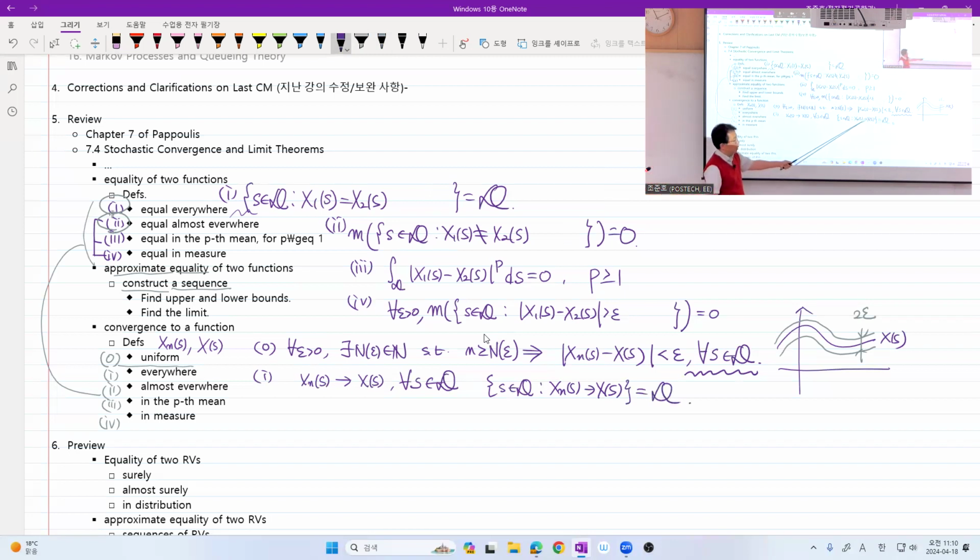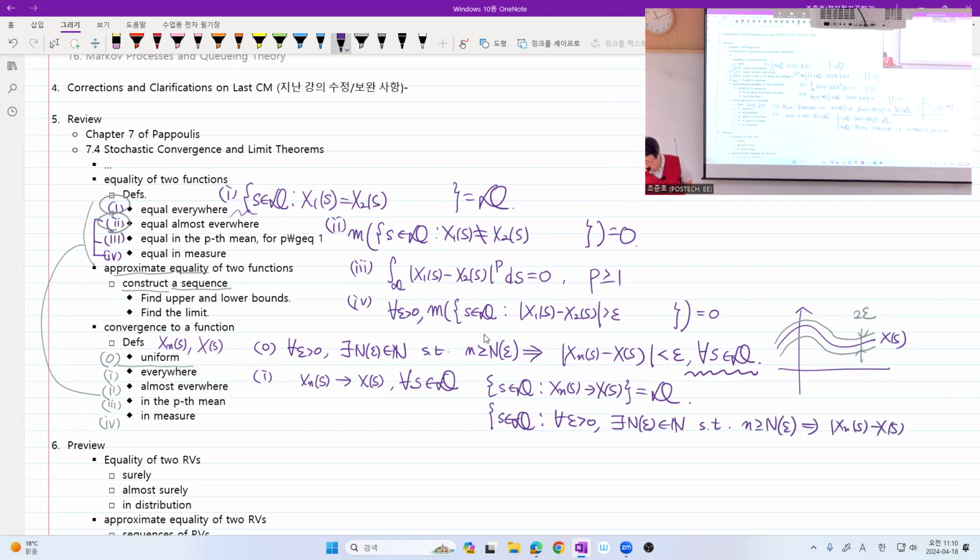Here we have the limit. So in other words, we can rewrite it like this. For every epsilon positive, there exists n of epsilon, an integer, such that n greater than n of epsilon implies |xn of s minus x of s| less than epsilon.